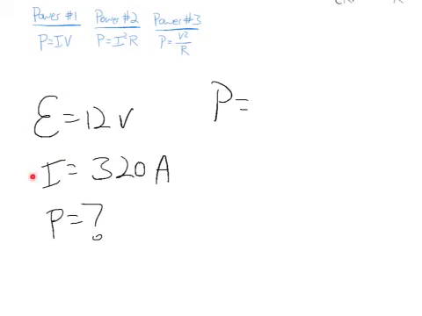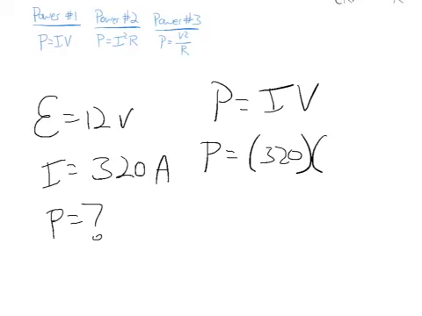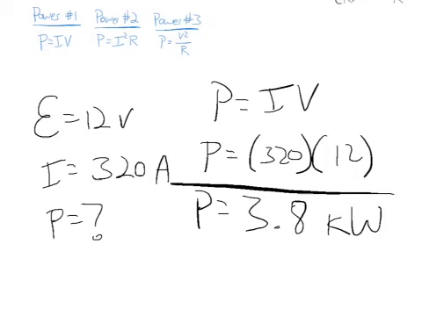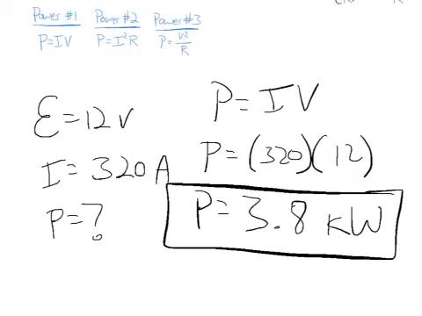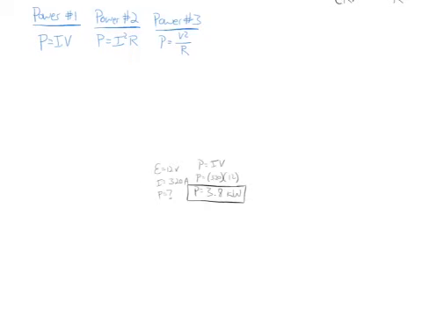That's our EMF. We have a current right here. We're looking for power. So we're going to use power equation number 1. So P equals IV, where we've got our 320 amps there. We got our potential difference of 12 volts. This ends up being 3.8 kilowatts. Great. So, next one then.